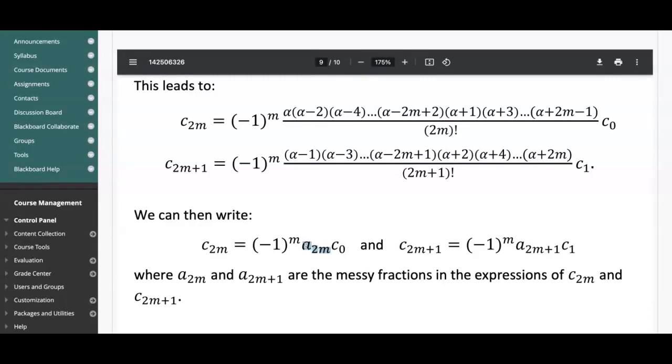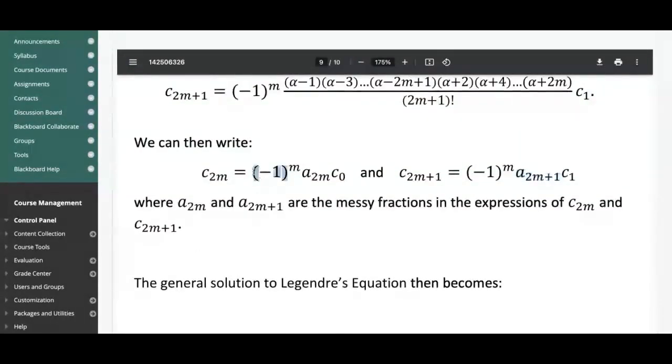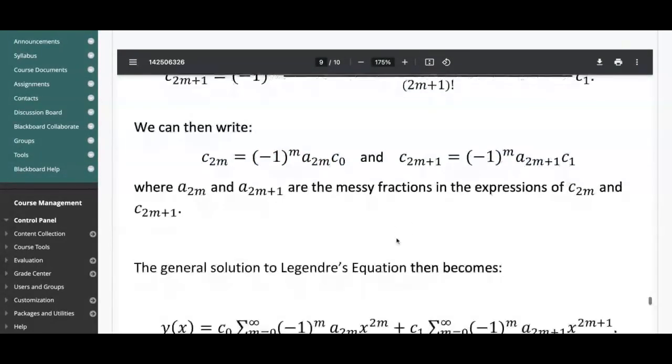We basically call this scalar a_2m, and we call this scalar a_2m plus 1 term. So mainly just in this kind of form.